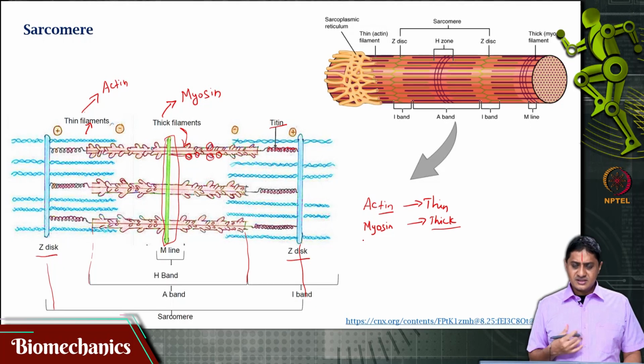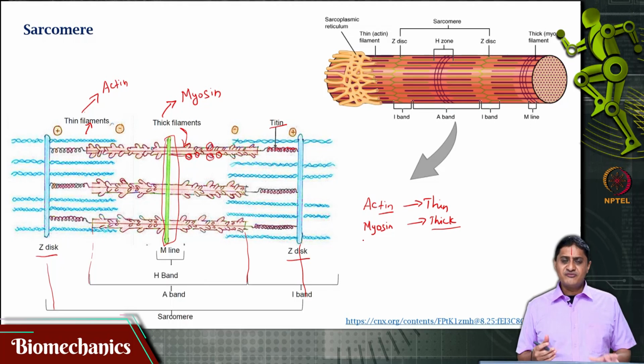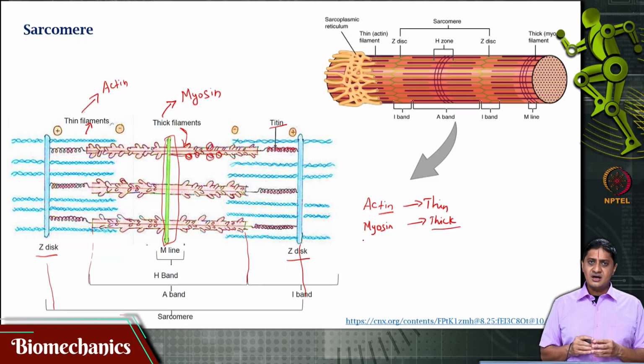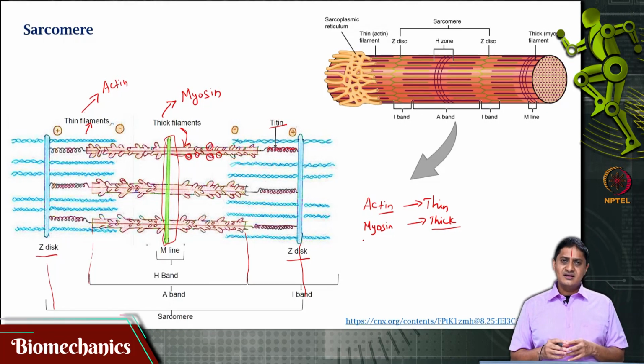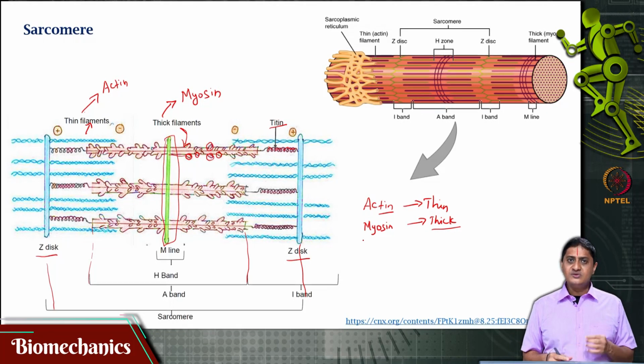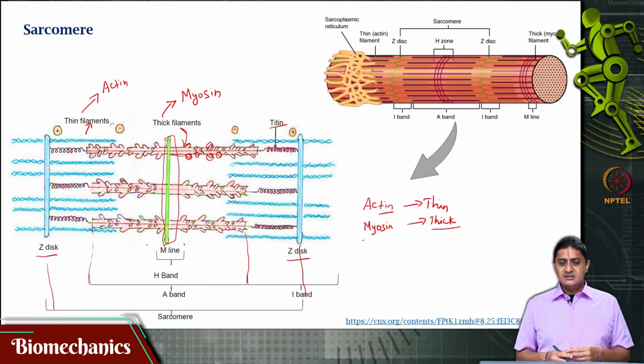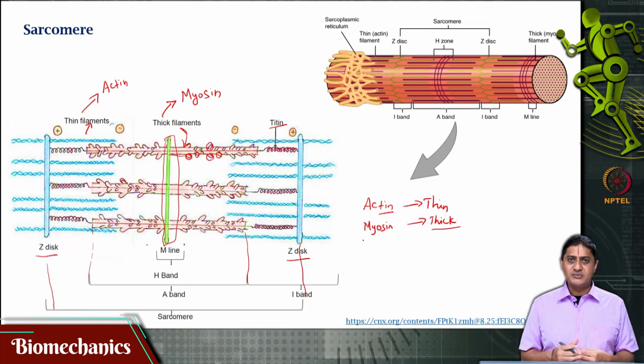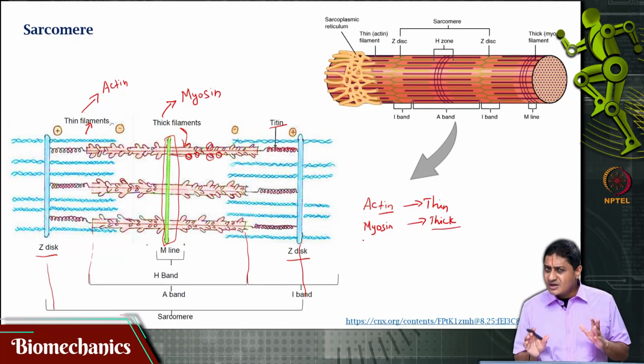Now, what are the conditions that lead to the situation in which this force development happens? First of all, before this, we need to understand how and where the command comes from and how this command is processed in the muscle cell. Somewhere in the central nervous system, a decision is made, likely the frontal lobe of the brain, not necessarily always the frontal lobe.